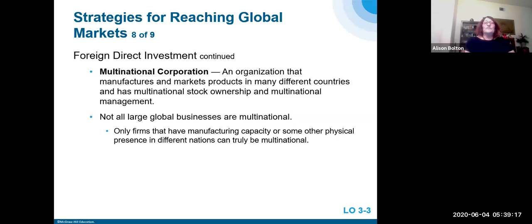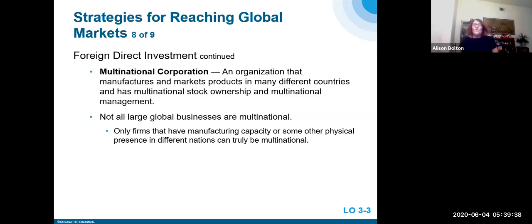Multinational corporation, and this is part of foreign direct investment also, when an organization manufactures and markets internationally in different countries right off the bat, and so they have multinational stock ownership and multinational management. So it's much broader.